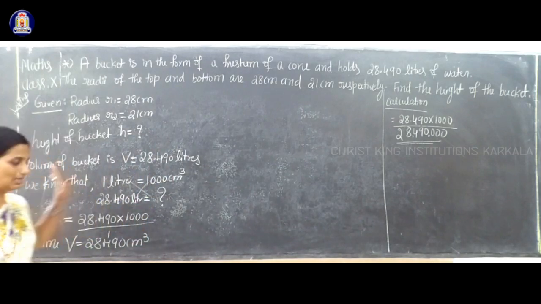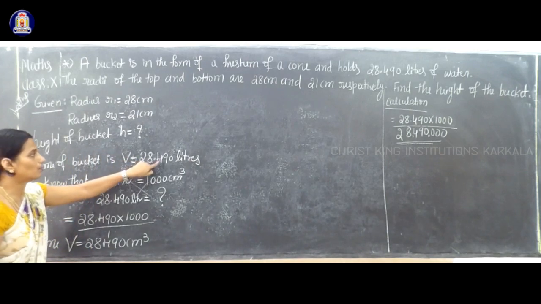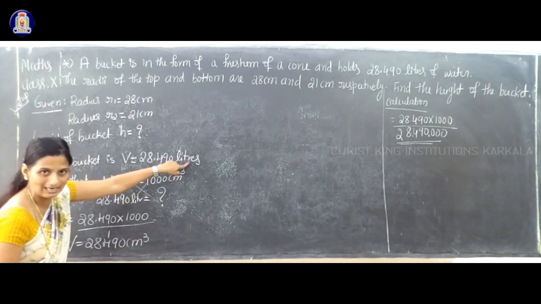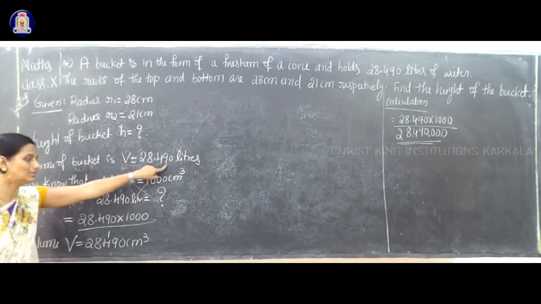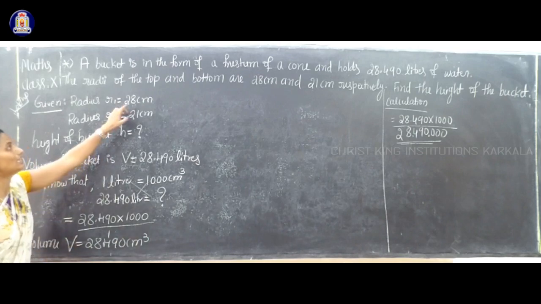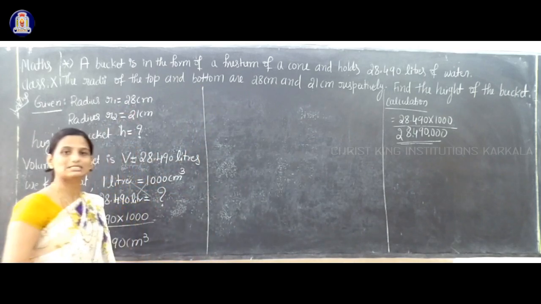The 0.000 I am neglecting. So 28.490 liters is equal to 28,490 centimeter cube. Now the liter is converted to centimeter cube. Clear? All are converted to the same unit.